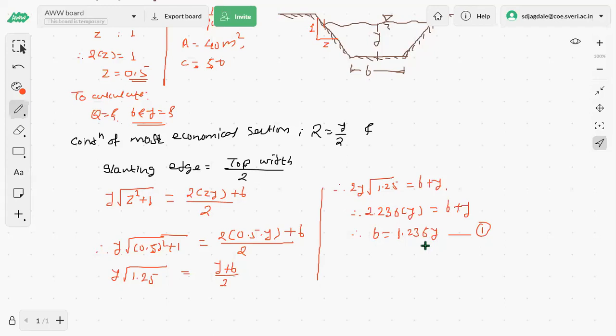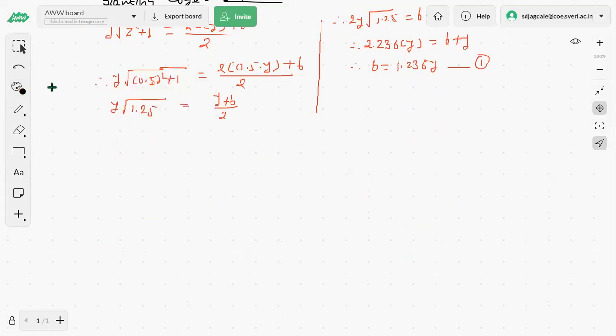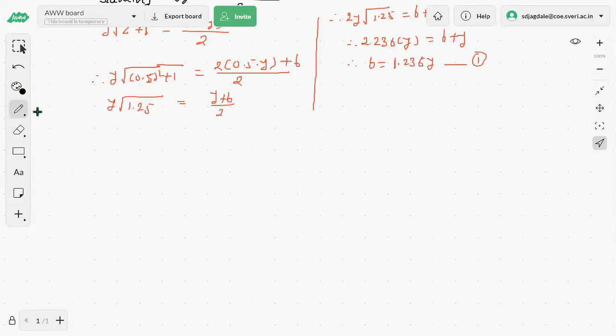Okay. Now they have given us the magnitude of the area as 40 square meters. It means that from that relation we will get something now. So I will have to consider the wetted area A. Next line, consider the wetted area A. So we know area A is equal to, what is the relation?